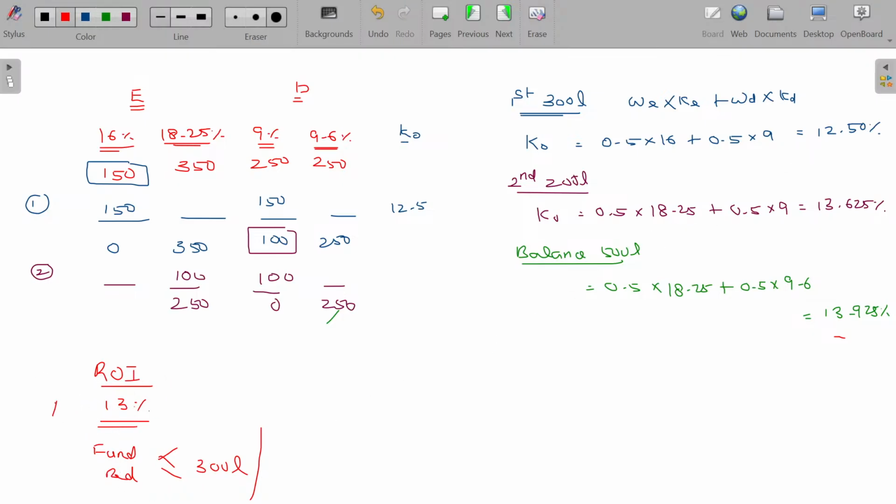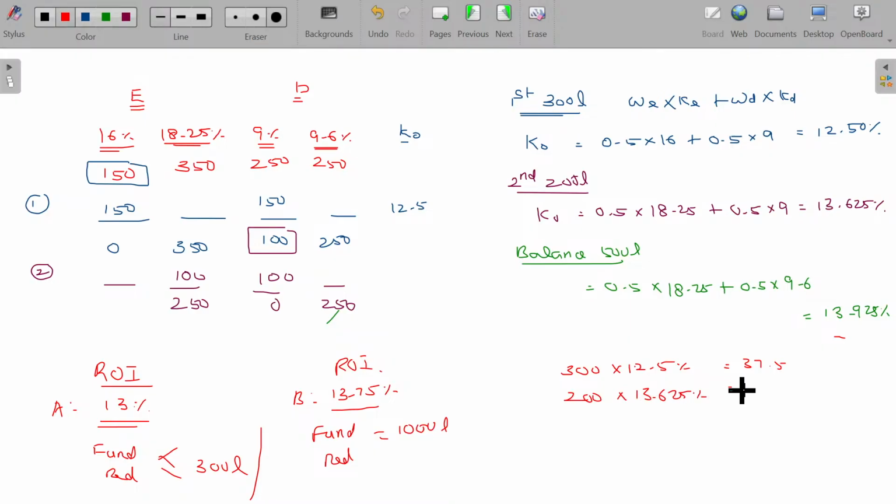This is project A. In case of project B, the ROI is 13.75 percent, but the fund requirement is 1000 lakhs. Now my question is, can I accept this or not? For the first 300 lakhs, my cost is 12.5 percent, 37.5. For the next 200 lakhs, it is 13.625 percent. Yes, come on, tell me.